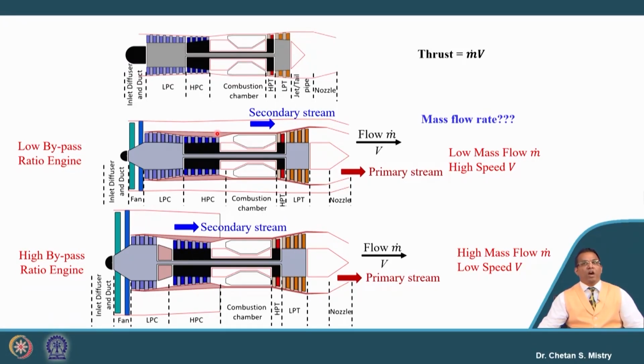Similarly, for the high bypass ratio engine, IR signature is equally important. It is not that only military aircraft are shot down. There were incidents in the world where commercial aircraft were also targeted. So, by providing this bypass ratio configuration, we are able to avoid that kind of IR signature.